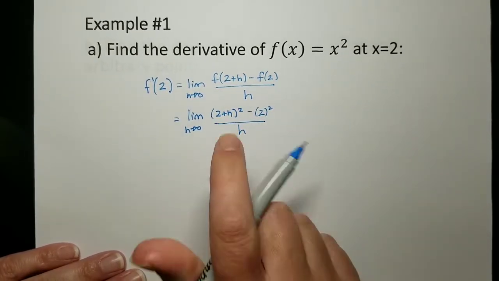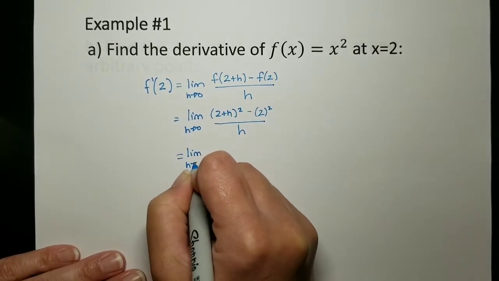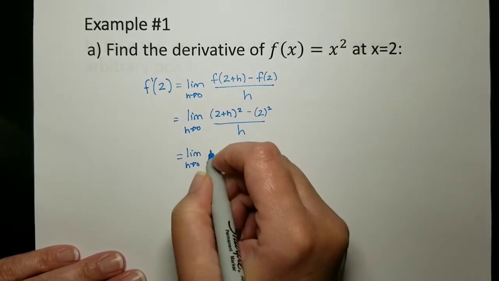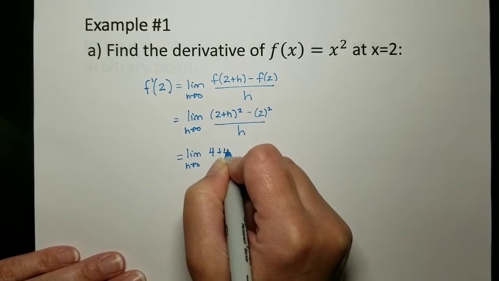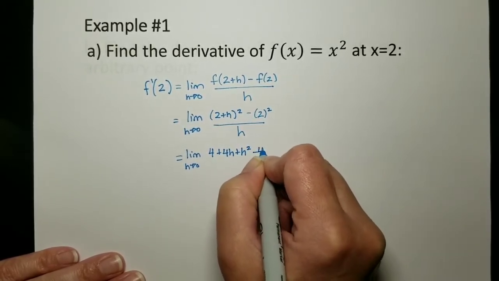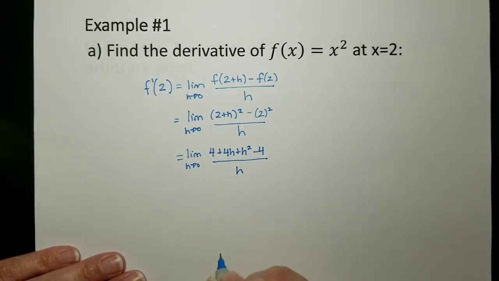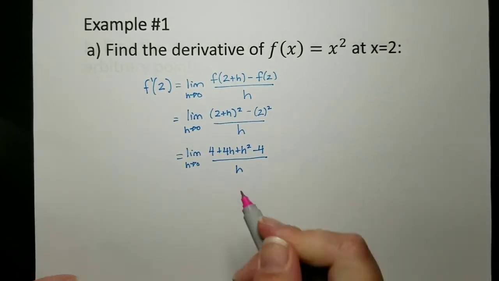Now I'm going to FOIL out on top, and just simplify and hope things work out well. So here I get the limit as h approaches 0 of 4 plus 4h plus h squared minus 4, over h, which is kind of nice.